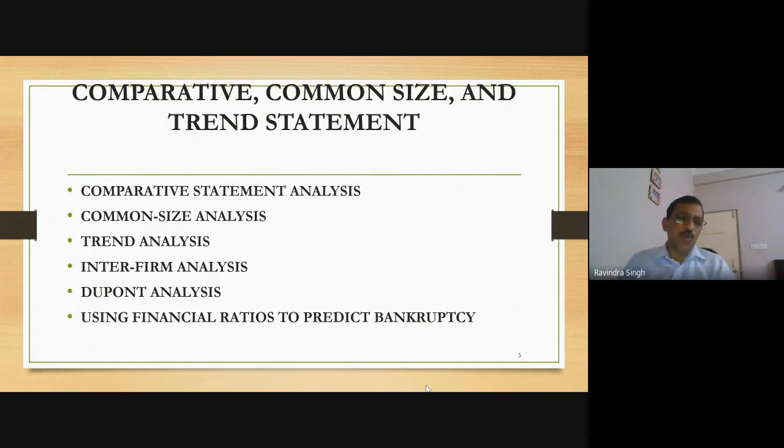And these reports are prepared based on these factors: comparative, common size, and trend statements. Comparative statements, comparative intra and inter. Intra means within our department, within our concern, with the different sub-departments and the previous year's reports.